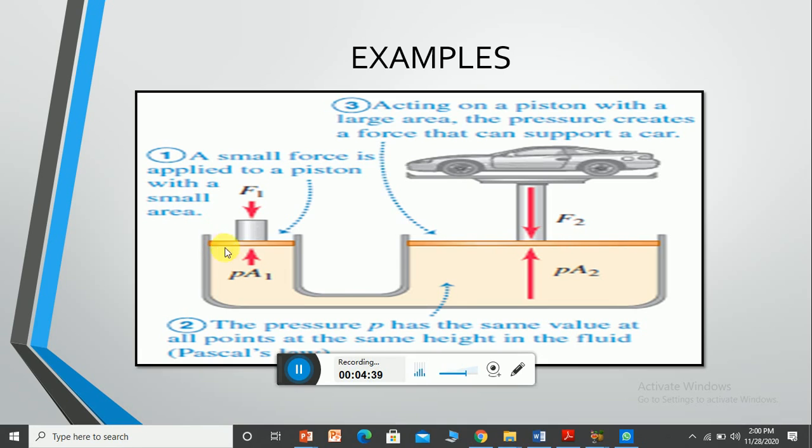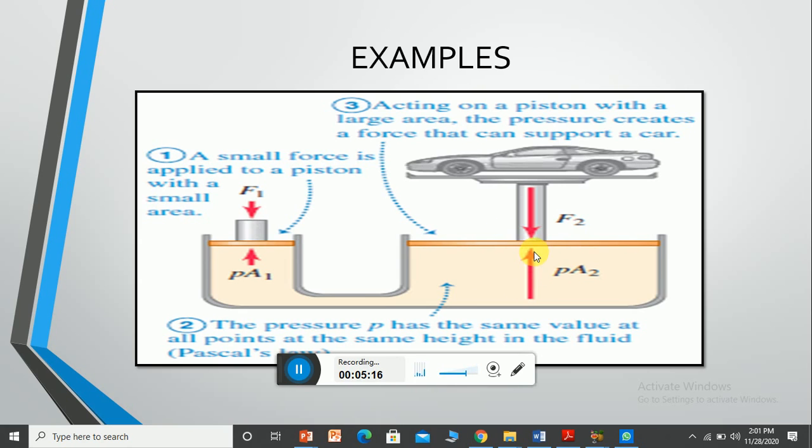So from the smaller area, pressure is transmitted to the other end where the area is large, from the left side towards the right side. The pressure P has the same value at all points at the same height in the fluid, in all directions.